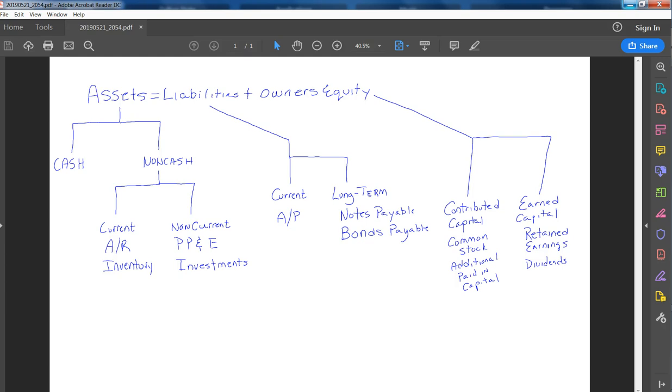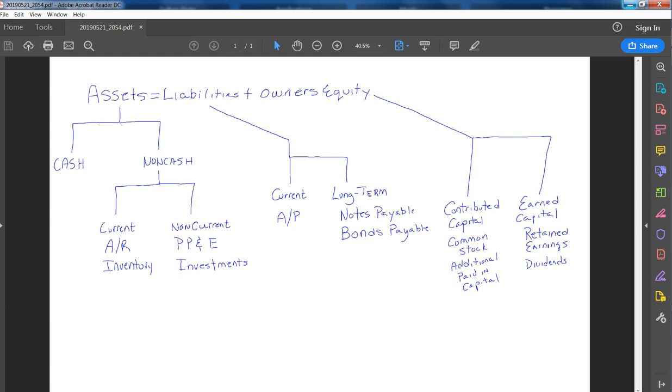So cash that you don't want to just leave sitting around in, say, a minimal interest savings account or some money market, you'd want to lock it up for a longer period of time and have the opportunity to raise more cash through interest on those investments. So those are examples of different types of non-current assets.